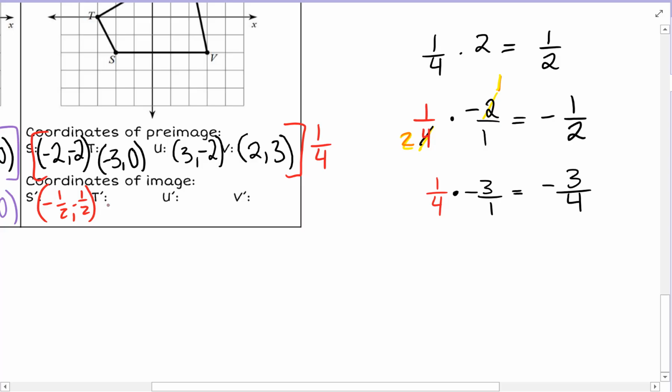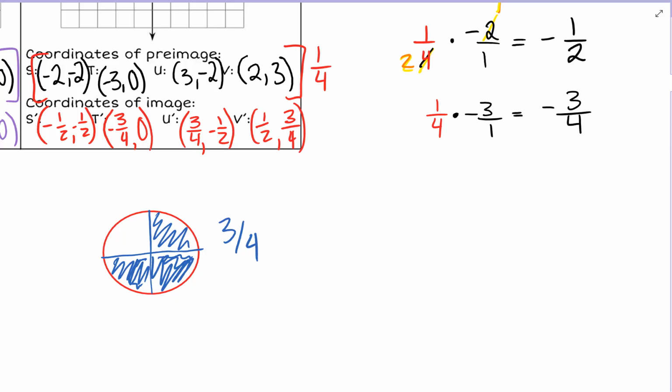Then we have 1/4 times -3. That's -3 over 4. 1/4 times 0 is 0. 1/4 times +3 is +3 over 4. -1/2. Then we have +1/2 and +3 over 4.